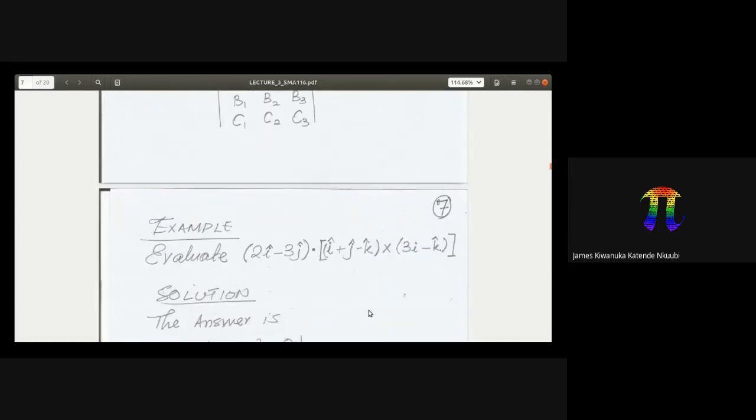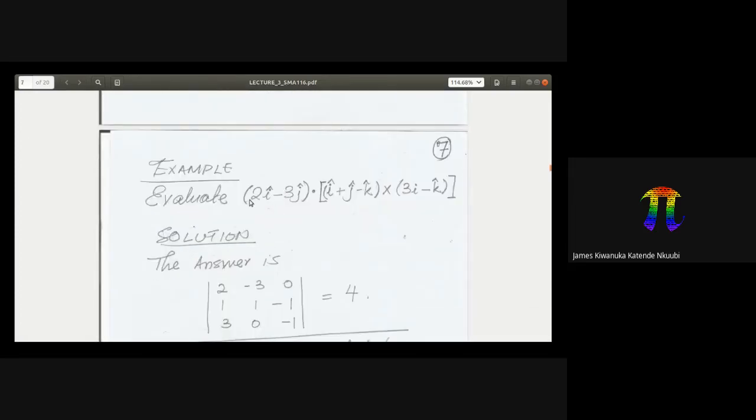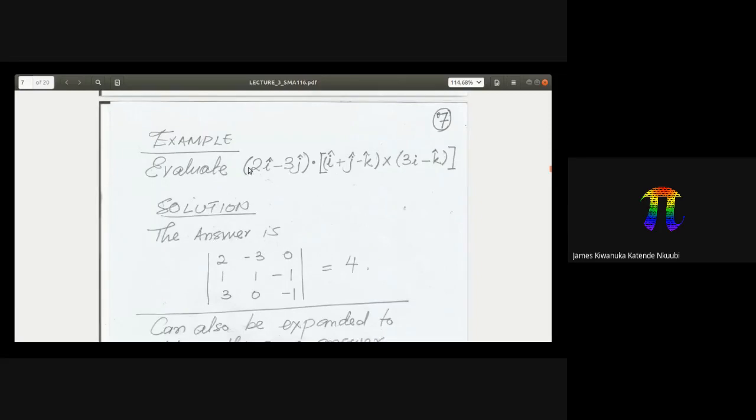So let's see an example. We need to evaluate this. Take this as your A, 2I minus 3J, and get the dot product of that with the cross product of this vector, I plus J minus K, and this other vector, 3I minus K. So based on our formula, the answer to this should simply be the determinant of this matrix, whose first row are the components of this vector here.